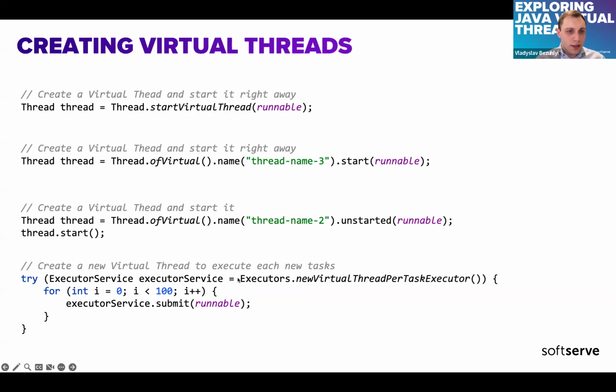It's more interesting in the ExecutorService part, because for the virtual threads, we have this new executor, newVirtualThreadPerTaskExecutor. So it's actually not a pool. It's a new virtual thread being created anytime you submit a new task to this ExecutorService.